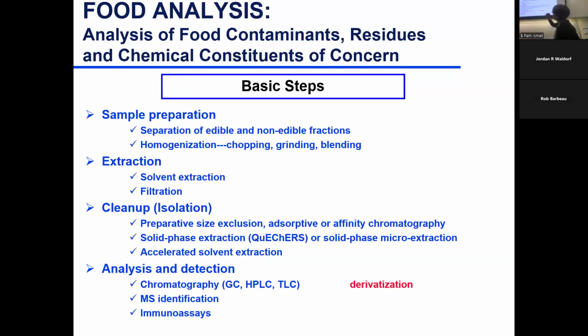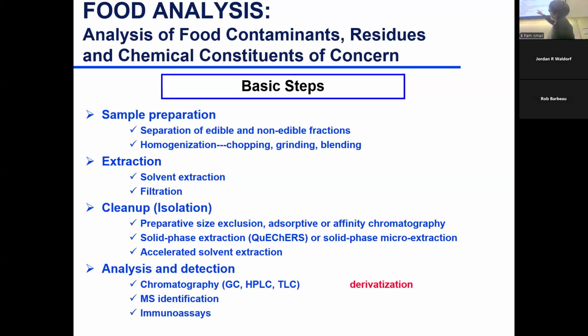So here's just an expansion of what we talked about. This is basically sample prep, extraction, and then cleanup. We often need to do a lot of cleanup, and we can do cleanup with chromatography, either size exclusion or adsorptive. Or we use something that Gary talked about, solid phase extraction or solid phase microextraction, depending on the amount of the sample, where you separate based on affinity to a solid phase versus the liquid phase.